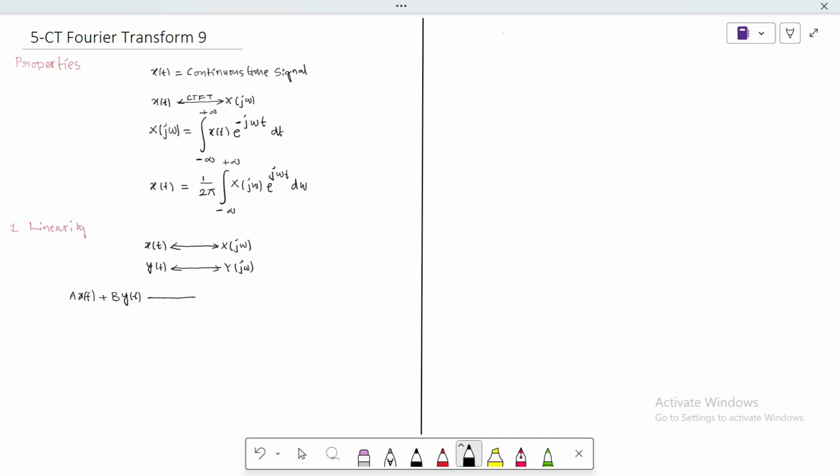So it follows the linearity. The Fourier transform equals A into x of j omega plus B into y of j omega. So this is the linearity.